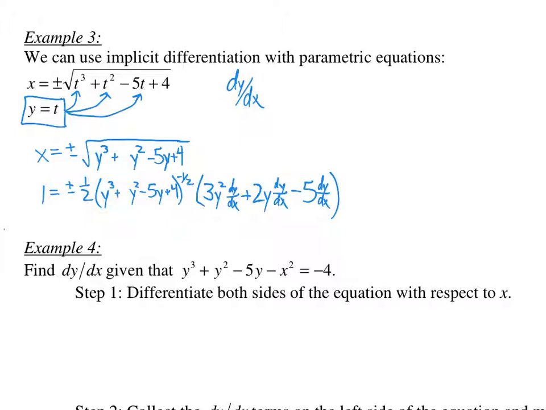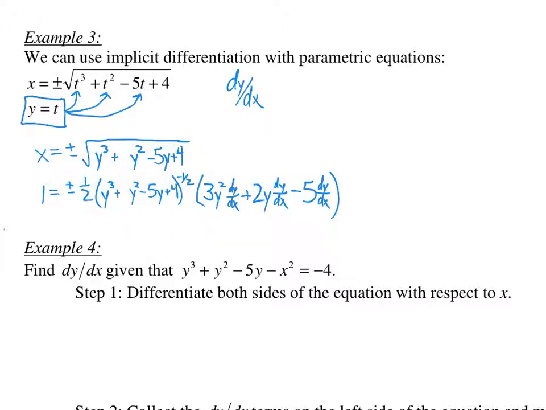Okay, so now, notice here, I can take the 1/2 over to the left side by multiplication. I can take that whole thing to the negative 1/2 over to the other side by multiplication.